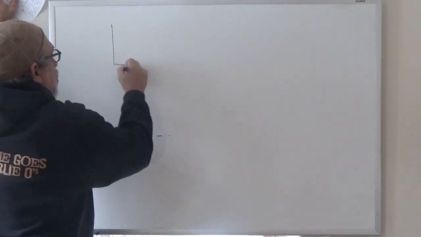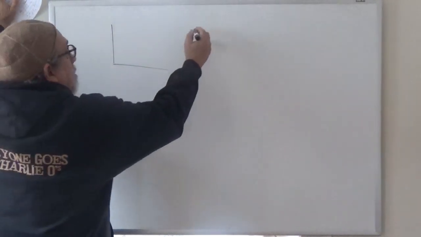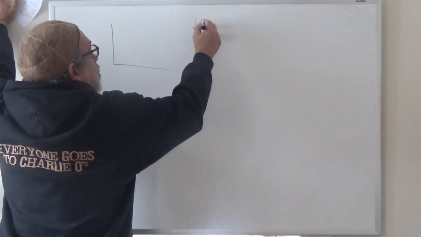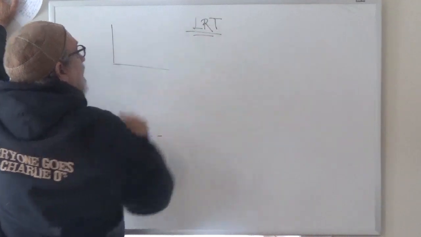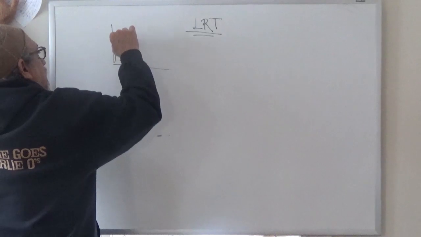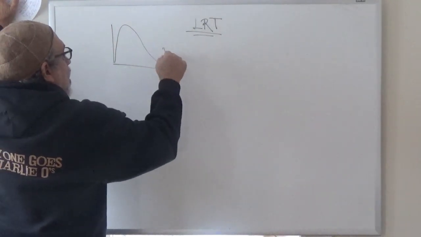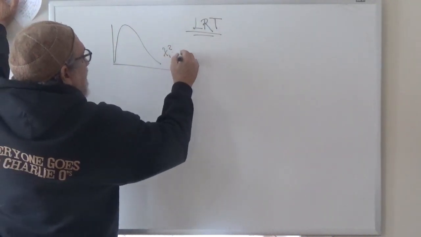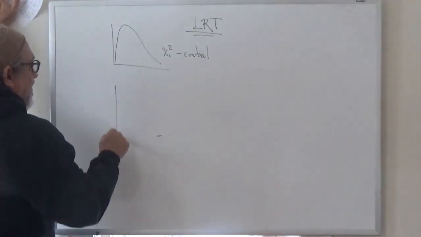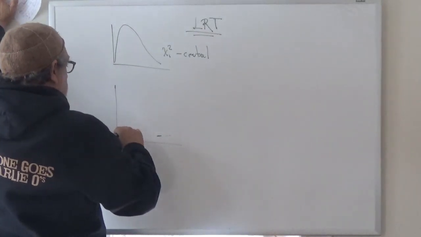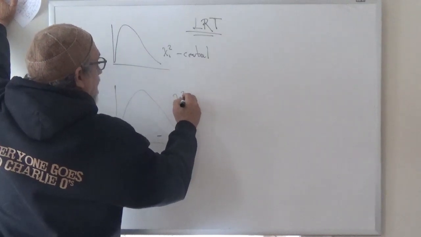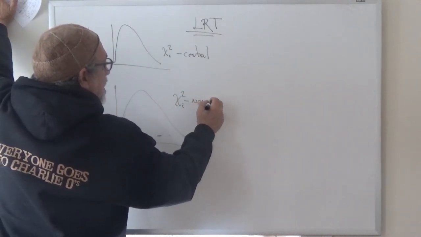In the likelihood ratio test, we say, all right, there is a chi-square distribution which is central, and there is a chi-square distribution that is non-central.